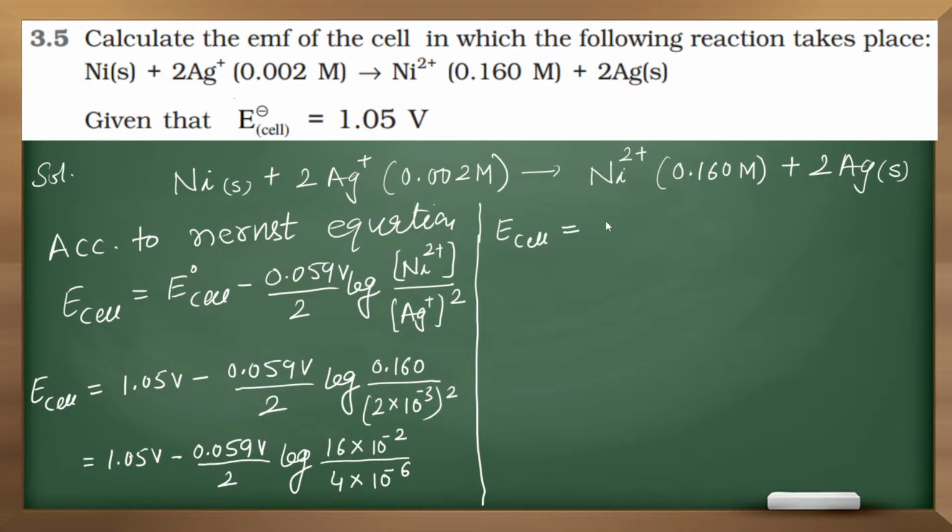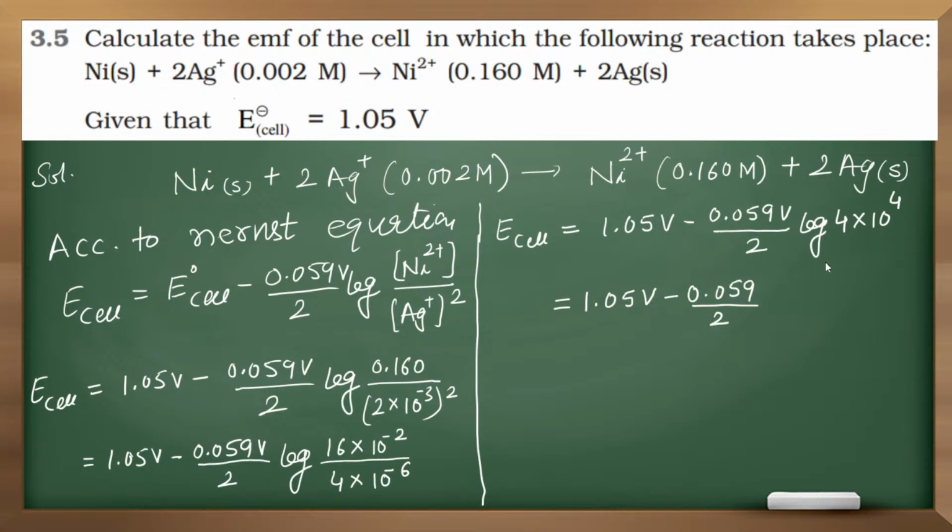So in this way, E cell equal to 1.05 volt minus 0.059 volt by 2 and log of 4 into 10 raised to power 4. Now what is the value of log 4 into 10 raised to power 4?